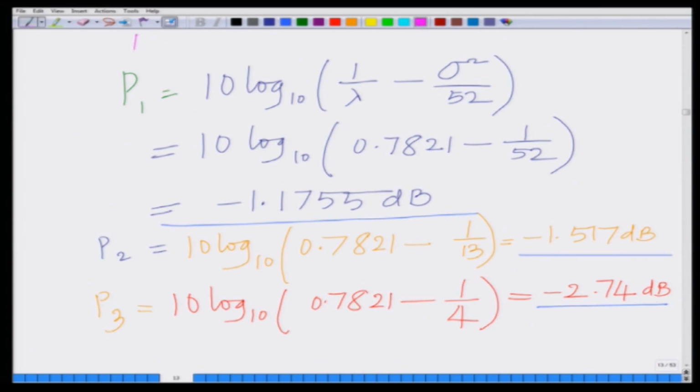These P1, P2, P3 are the powers for optimal power allocation.